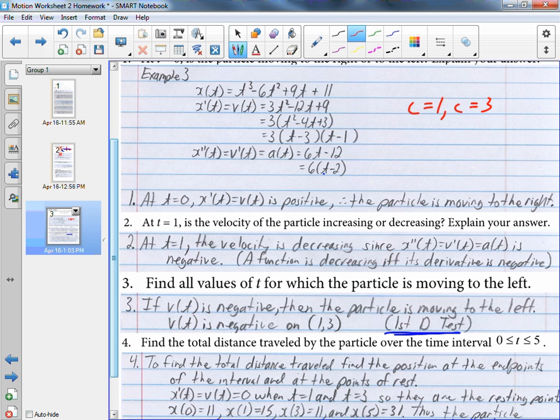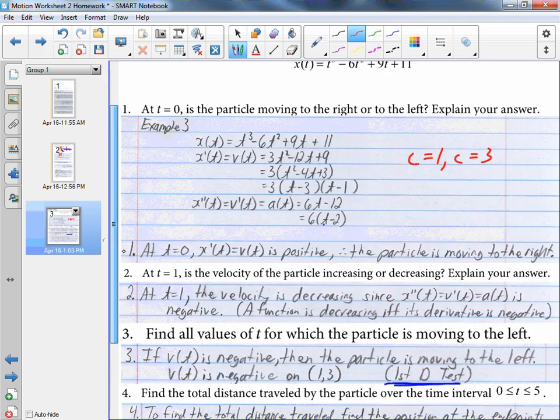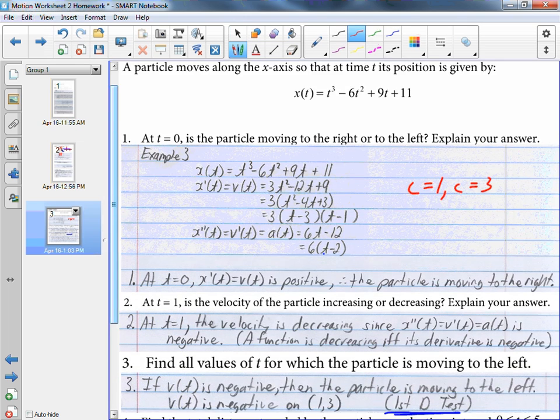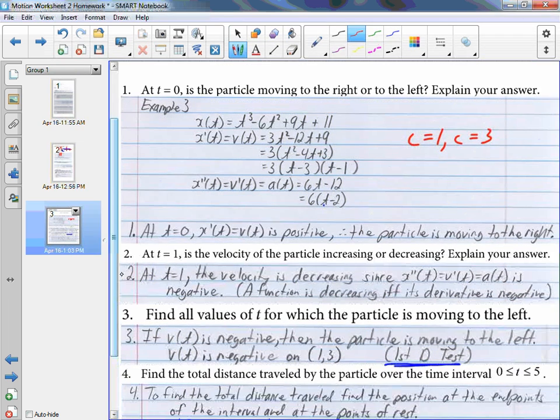Okay? And so, let's see. You know, the second derivative test might actually be easier. Well, no, let's stick with this. All right, so let's see.